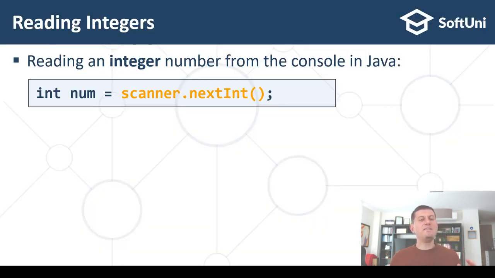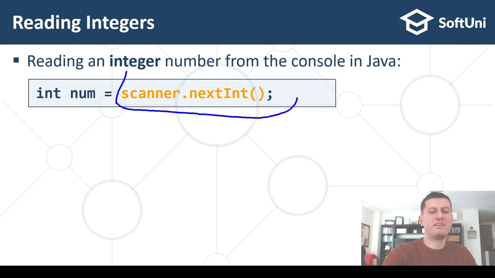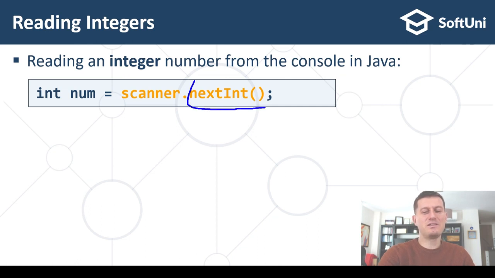Now let's explain how we read integer numbers from the console using Java. It's pretty simple. We use the same Scanner object, but instead of nextLine, we use the nextInt command. The nextInt says, please read the next portion of text and parse it to an integer number.